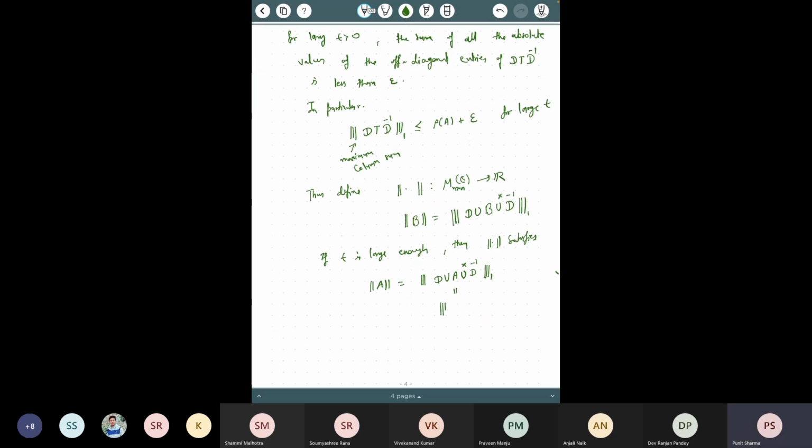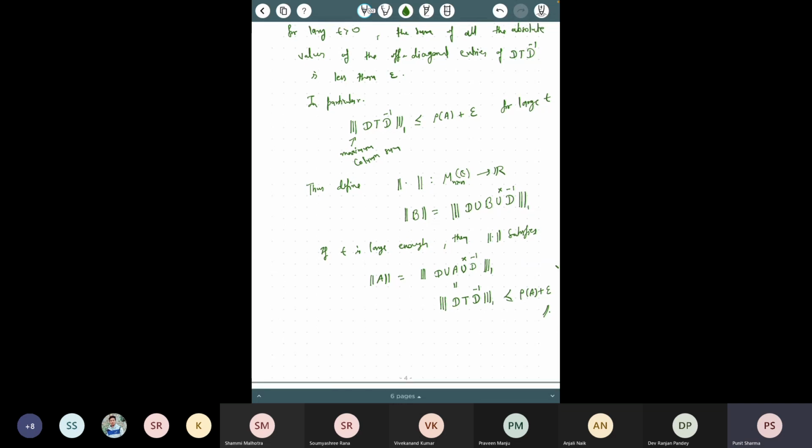This is just equal to D T D inverse. But we know that the one norm of D T D inverse is less than or equal to rho A plus epsilon. Okay, so this gives us a norm such that the norm of A is less than or equal to rho A plus epsilon. So we can say that the spectral radius is the greatest lower bound of the values of the matrix norm of A under any matrix norm.